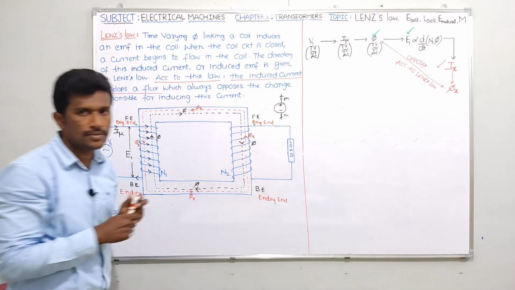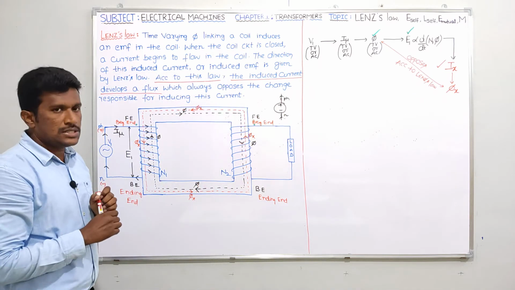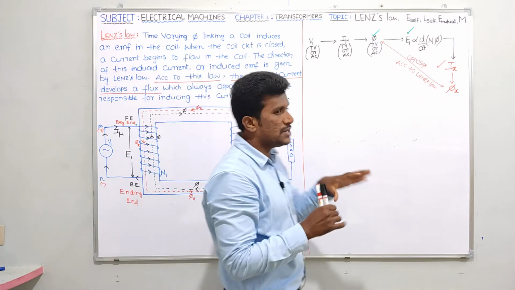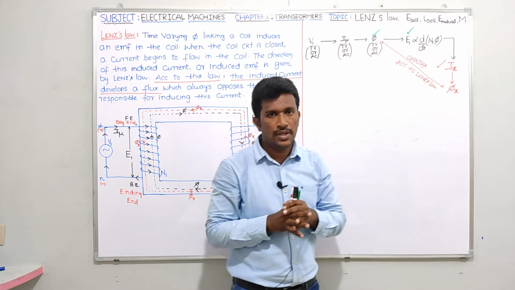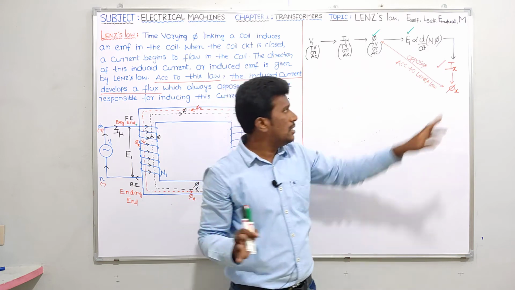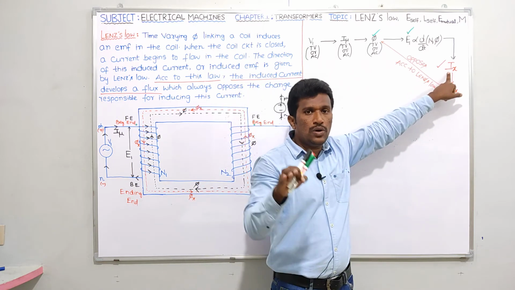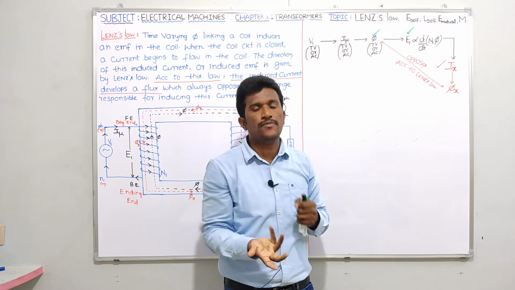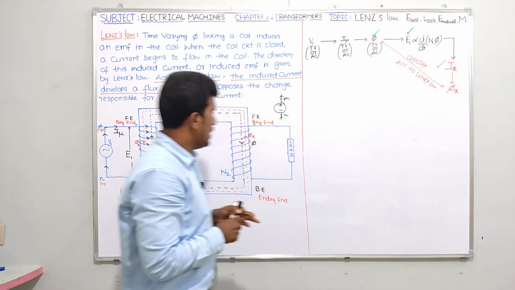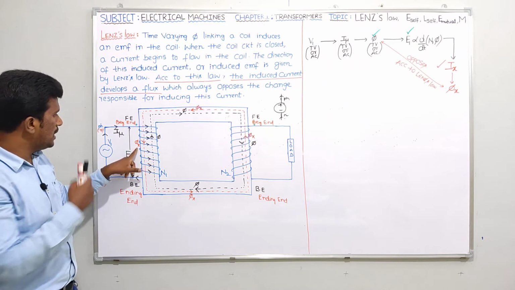Yes, that's it. Now you tell me guys, I am asking a very simple question. Now I am just going to decide the polarity of this E1 and the direction of this current Ix. Everybody knows that only after Ix you will get phi x. Whenever current flows in a winding, only then you will get flux, no? But here, first of all, I am just showing phi x directly.